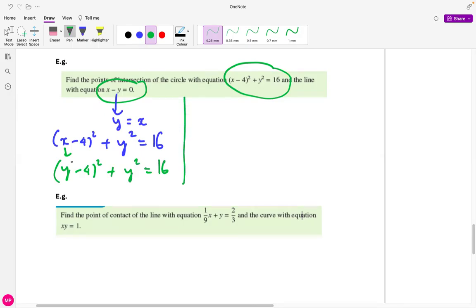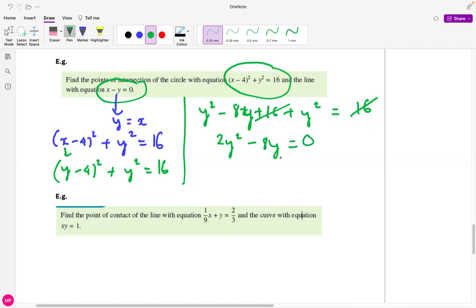Then you can solve for y by expanding out. So y squared minus 8y plus 16 plus y squared equals 16. 16 and 16 go away. y squared plus y squared is 2y squared minus 8y equals 0. Take the 2y out, you get 2y times y minus 4 equals 0.